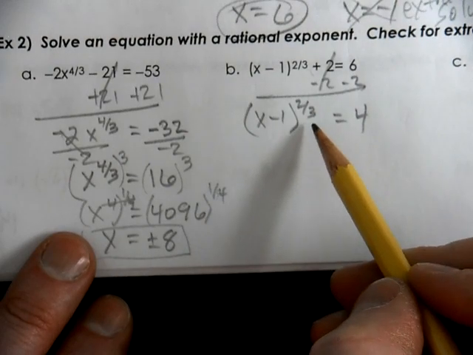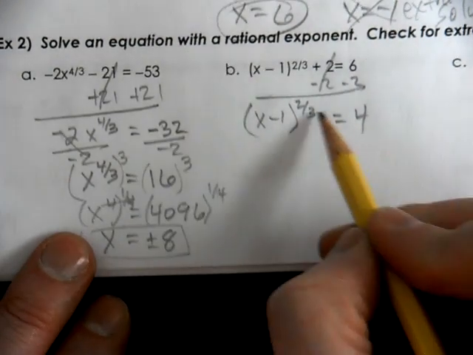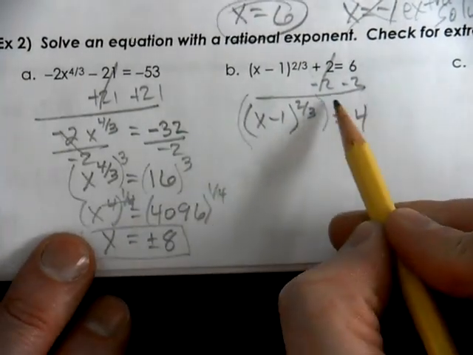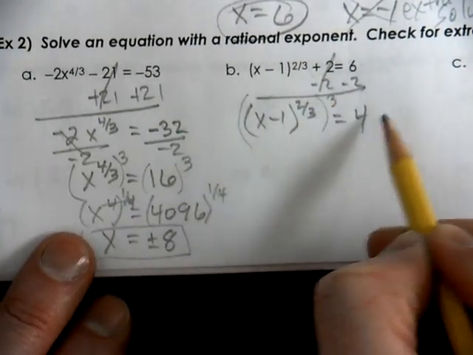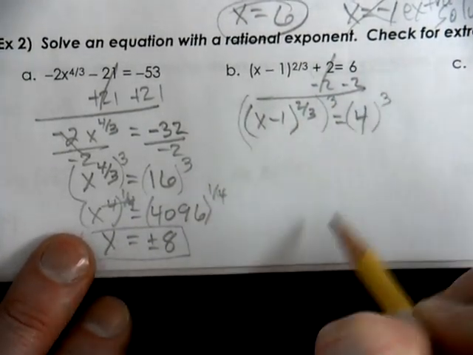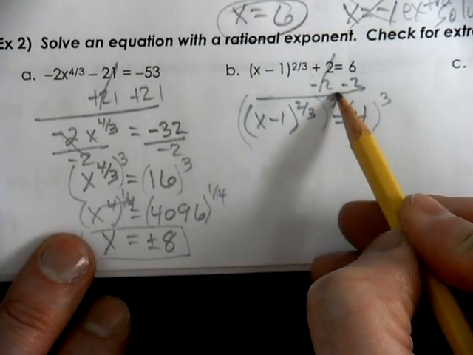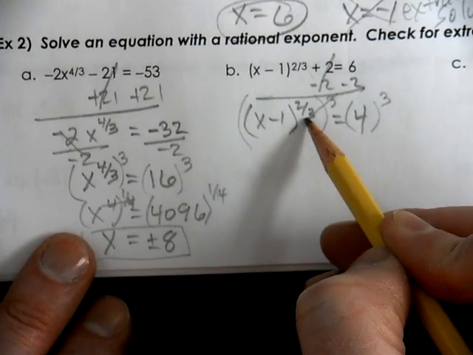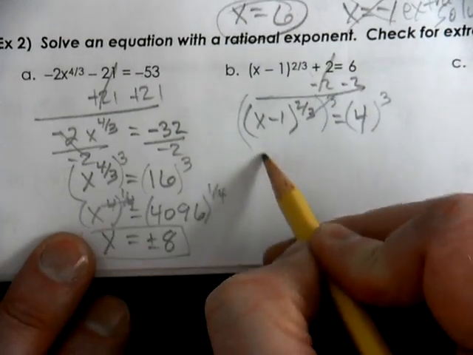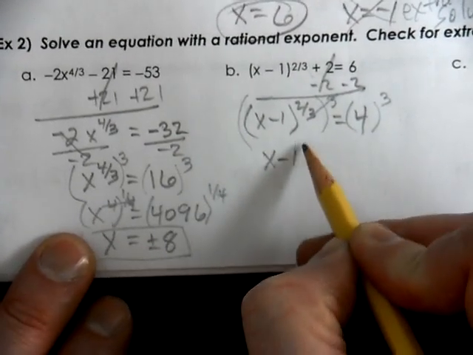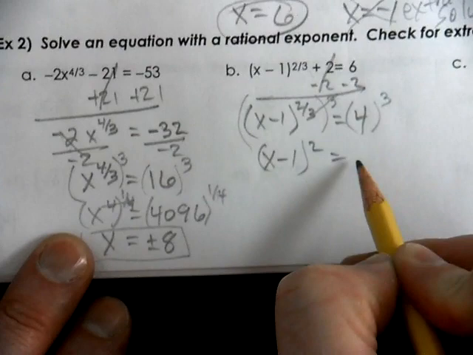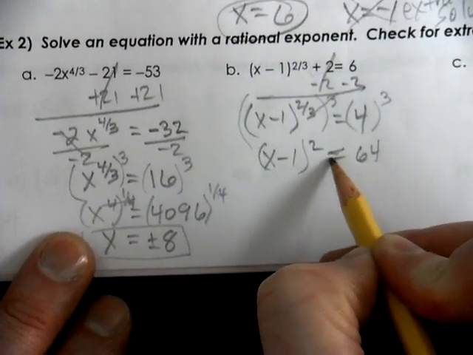Now you can do the reciprocal all at once. I would almost suggest to break it down into 2 steps. First, do the denominator, and that crosses the denominator out, and you're left with x minus 1 squared. That gives you 64.